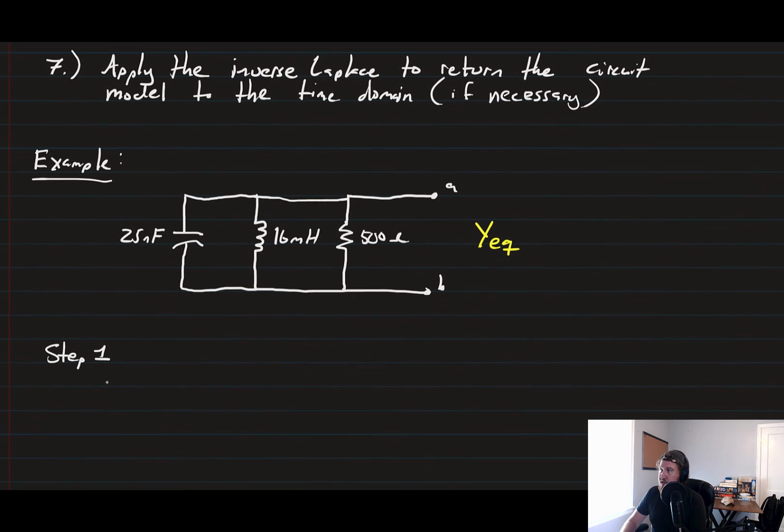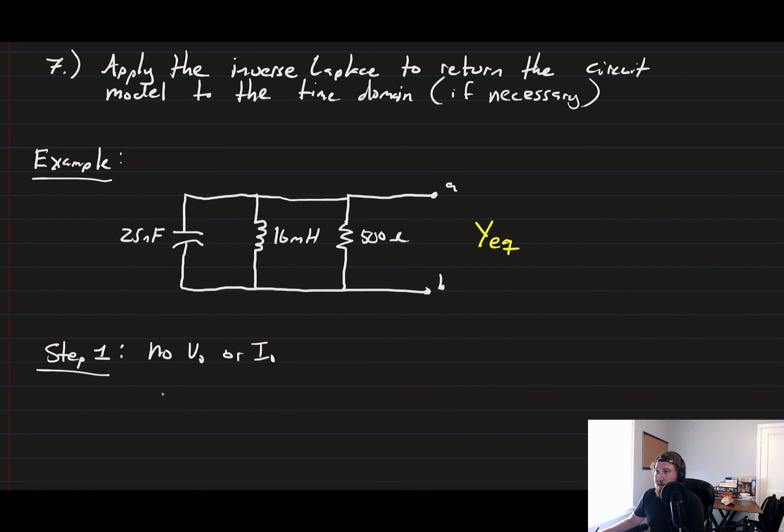Since there are no sources in this circuit, there cannot be any initial conditions. So no V naught or I naught. Or rather, a better way of saying that would be that V naught equals 0 and I naught equals 0 everywhere.